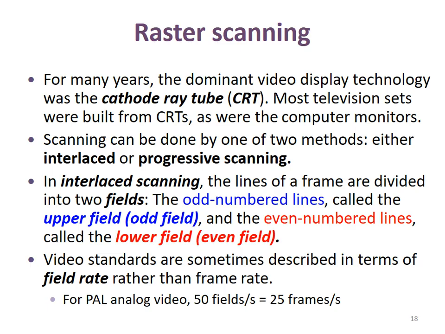Once we partition the frames into two fields, we can calculate the field rate. If we have 50 fields per second, it's actually 25 frames per second, because 2 fields equal 1 frame. Once you know the definition, the calculation will be very easy.